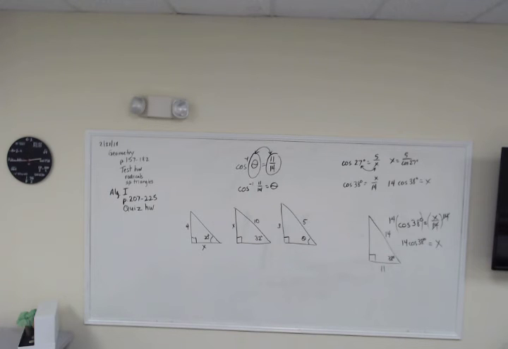First one's 10. Or 20 divided by, no, it's 20 divided by 24. Oh wait, it's 4 divided by 10. That's what I just said. Correct.